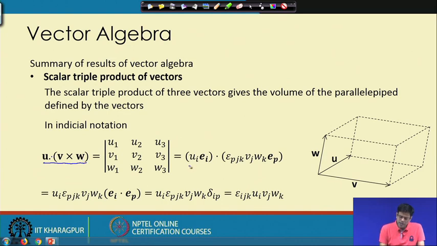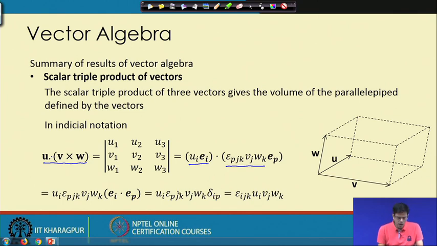Now, if we write it in a proper manner, u is represented as u_i e_i, and any two vectors v and w are represented again with the third order tensor epsilon, which is epsilon_pjk v_j w_k e_p. These are all scalars, so we can take them out and do the dot product operation between e_i and e_p.